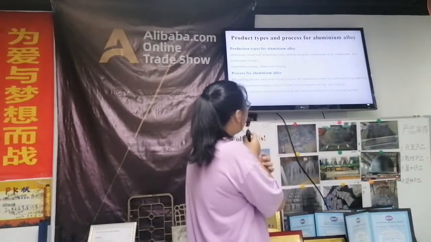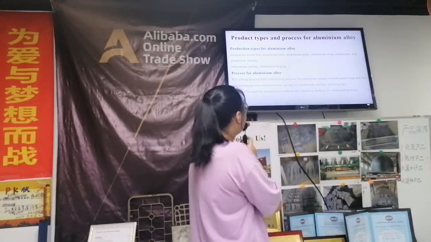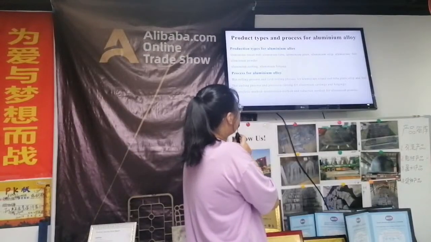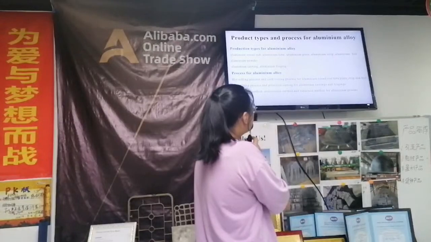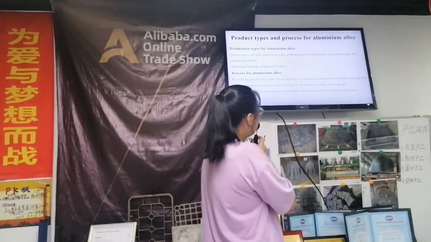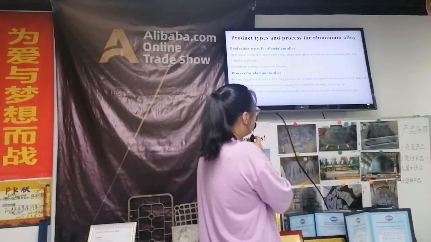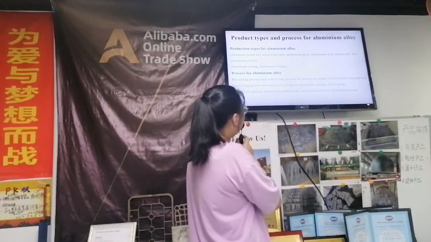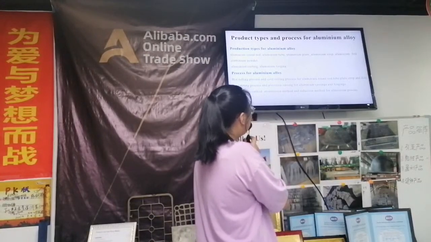Next, production types and processes for aluminum alloy. Production types for aluminum alloy: aluminum round bars, aluminum tubes, aluminum plates, aluminum foils and strips, aluminum powder, aluminum castings and forgings.